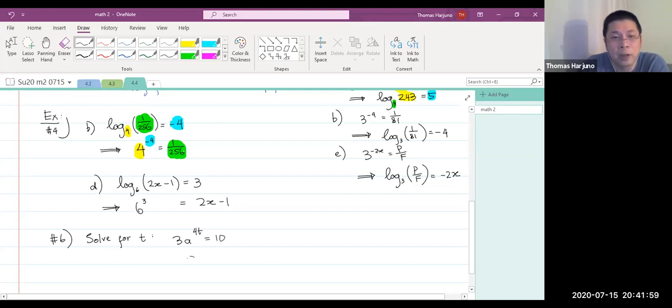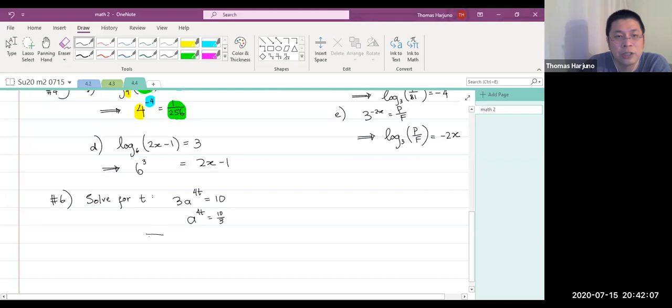I will divide by 3 first. That's 10 over 3. And then the base is a, right? So I change it into log form. Log base a of 10 over 3 equals the exponent 4t. Then we divide by 4. So t equals 1/4 log base a of 10 over 3.